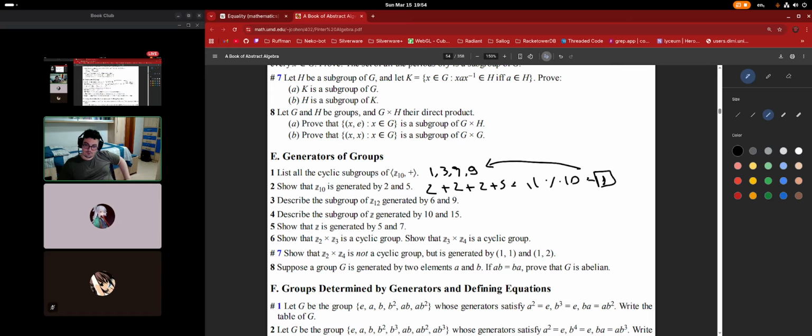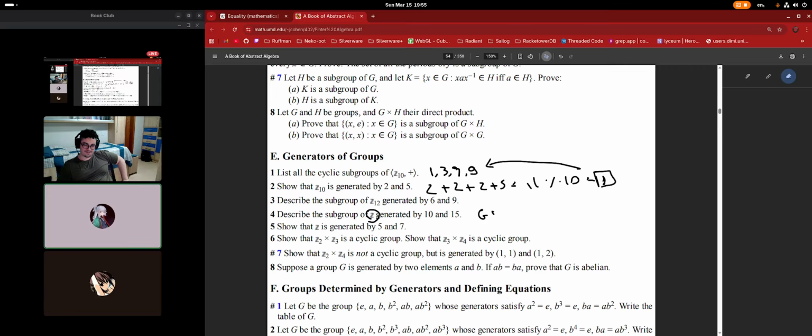Describe the subgroup of Z12 generated by 6 and 9, same thing. Describe the subgroup of Z generated by 10 and 15. These are all the integers, right? No, actually. Z is all the integers, but Z generated by 10 and 15 is just the multiples of 5. This starts to feel like, what does it say, GCD, greatest common divisor, from school.